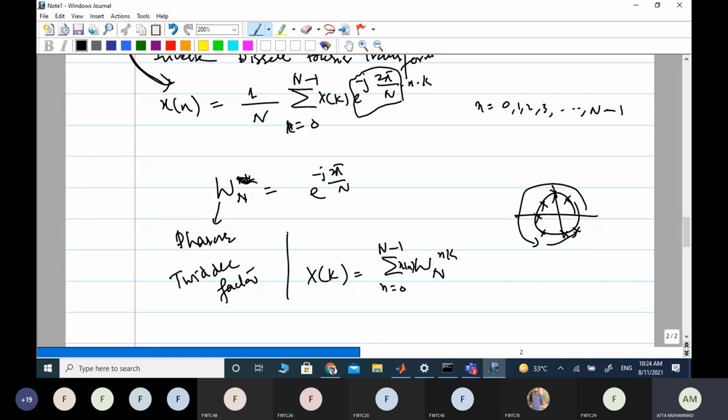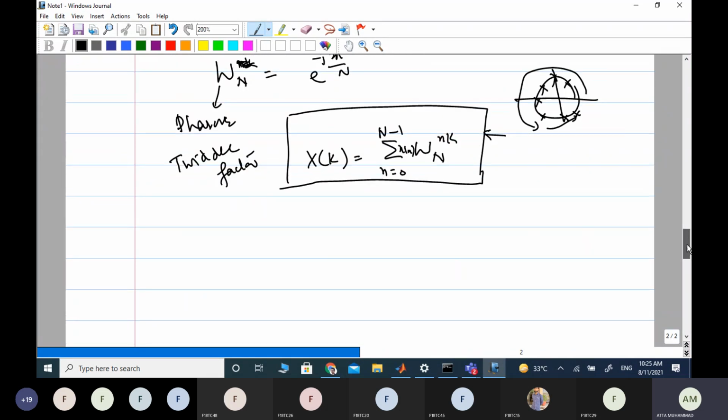Now you can see it's a bit unfortunate that each time we computed the frequency spectrum of a discrete time signal we always had a minus, but because in the literature this twiddle factor is written as e to the power minus j 2 pi by n, we cannot change it, because it is how the literature is written.